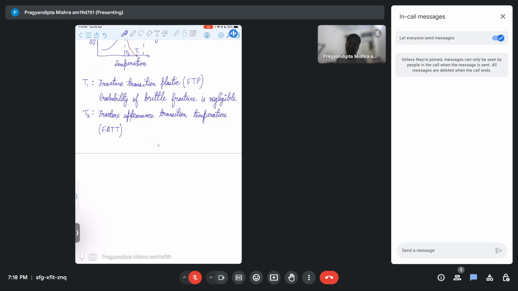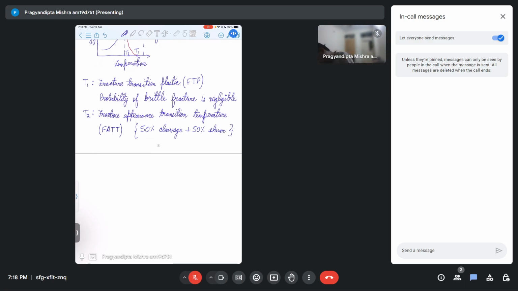So at the beginning of the lower shelf, we have nil ductility temperature or NDT. Here, there is fracture with almost no plastic deformation, and the probability of ductile fracture is very, very negligible. So below T5, you will almost have no ductile fracture, and there will be no plastic deformation.